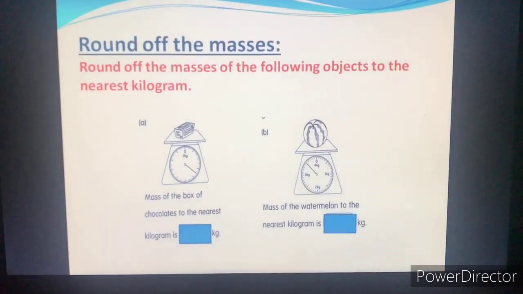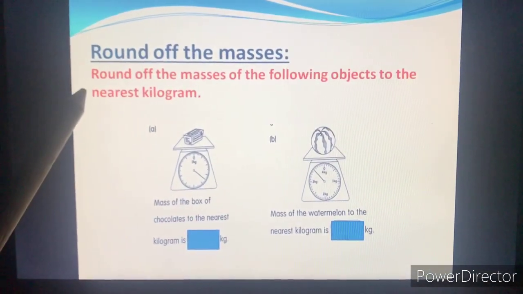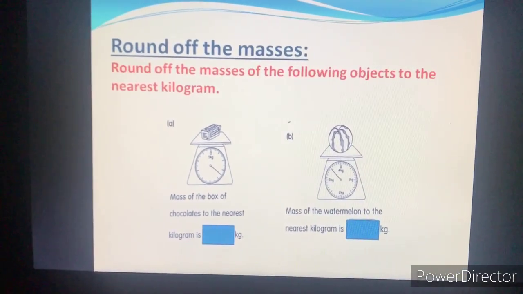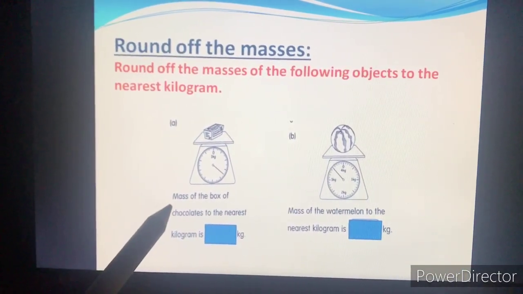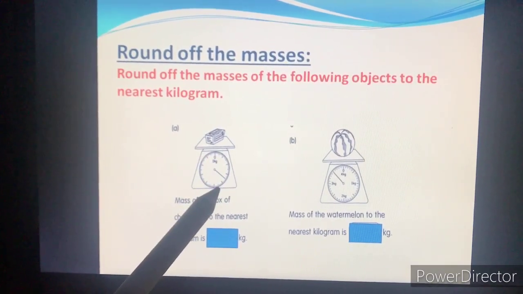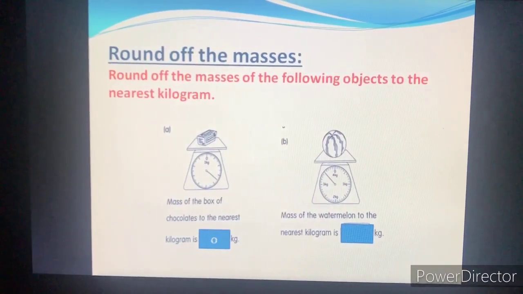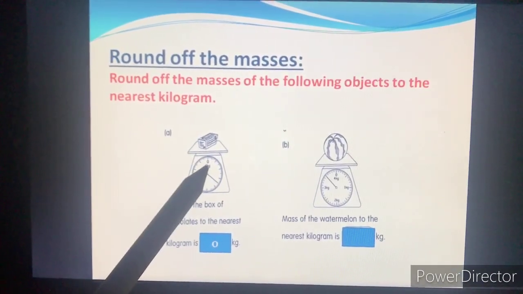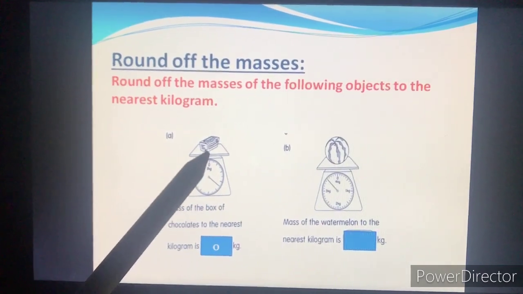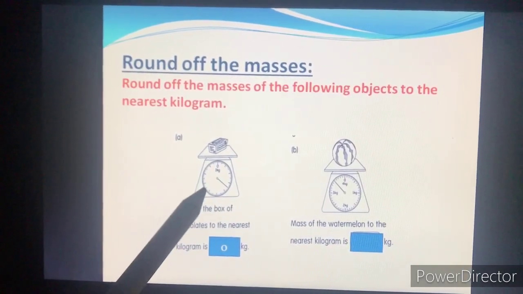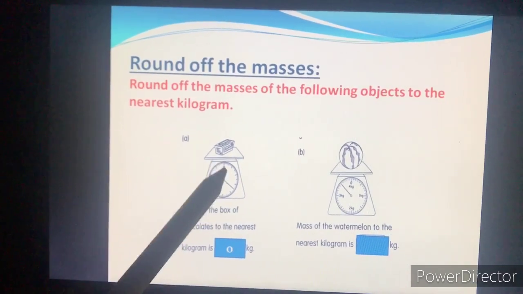Round off the masses of the following objects to the nearest kilogram. So, the mass of the box of chocolates to the nearest kilogram will be, check the scale. Yes, it will be 0 kg. How? Because there the scale is of 1 kg. If the needle is at half or more than half, then we will consider it 1 kg.